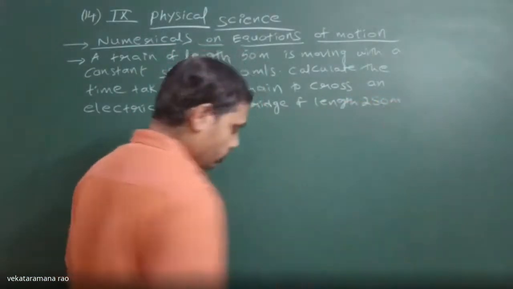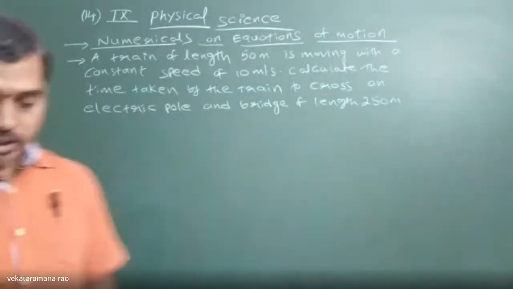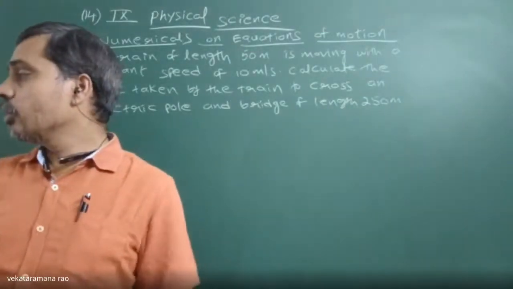So first of all, it has to cross the electric pole, and next it has to cross the total bridge.